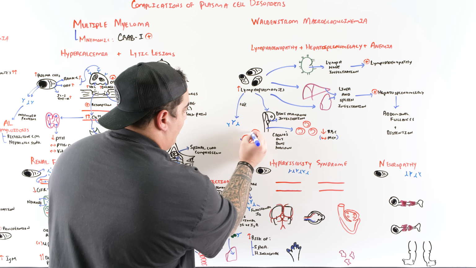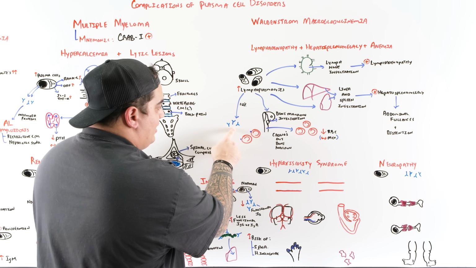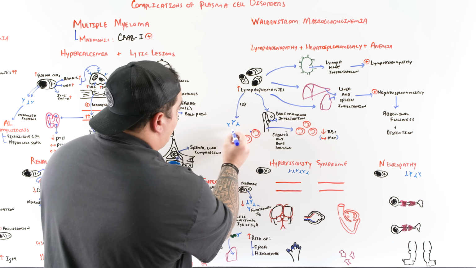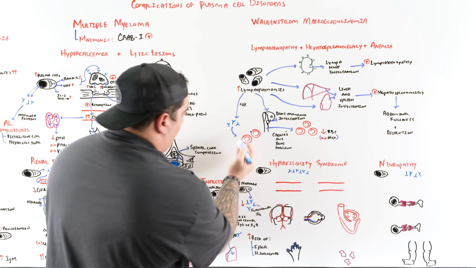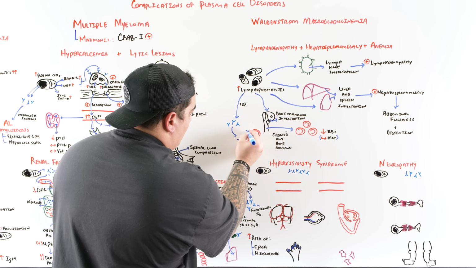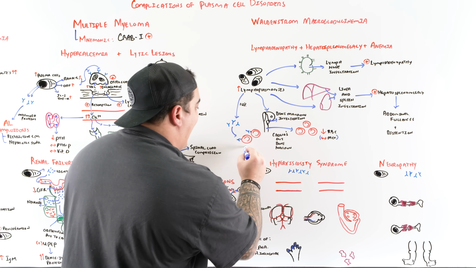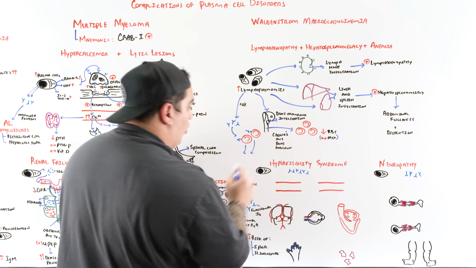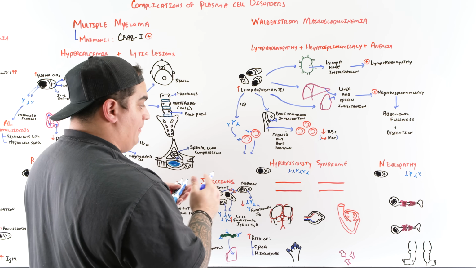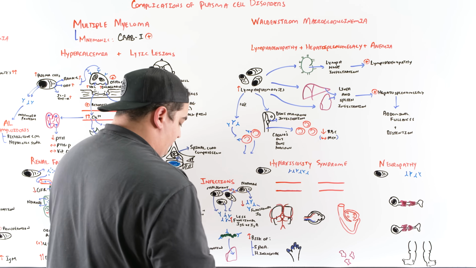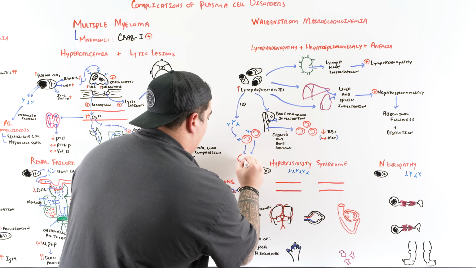So let's say here we have an antigen. These autoantibodies may bind onto these antigens, and what it may do is cause these red blood cells to be tagged and killed, or ripped up per se in the spleen. And so this may cause these cells to get hemolyzed.